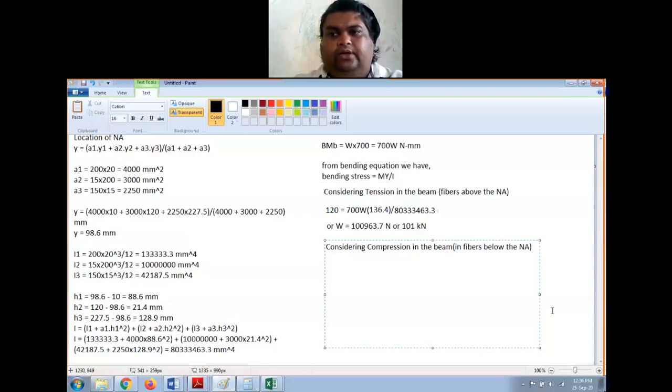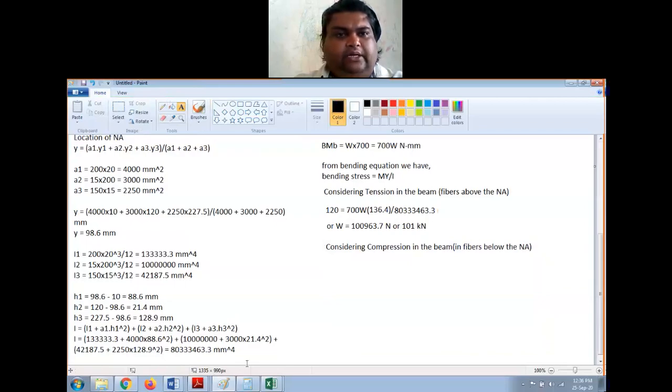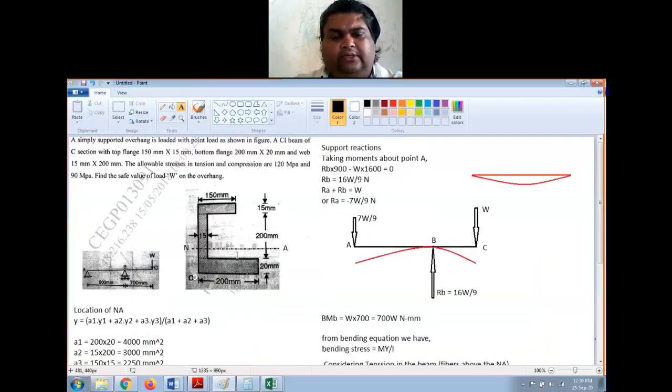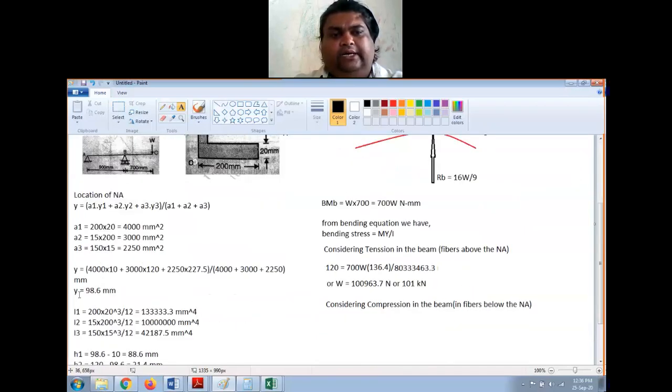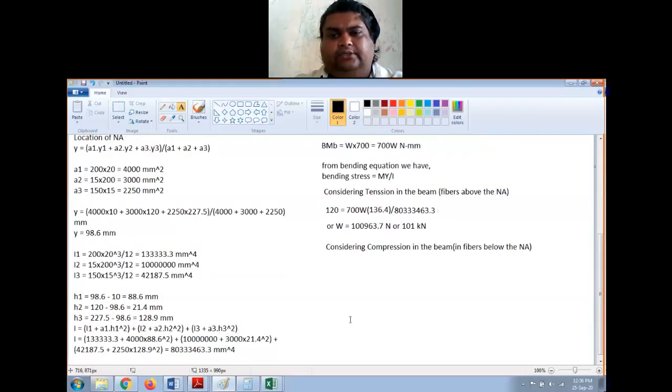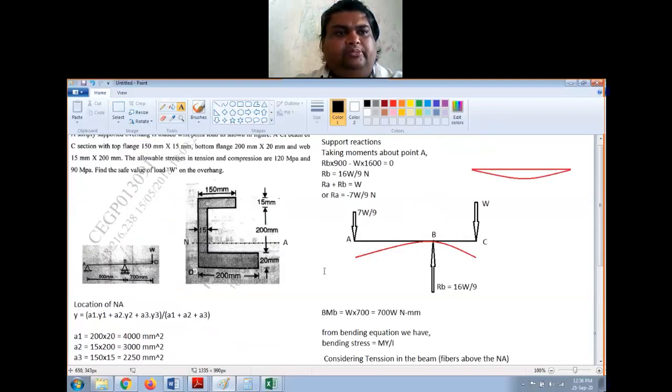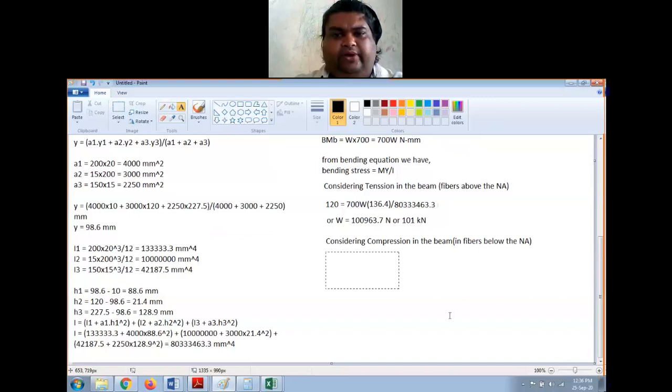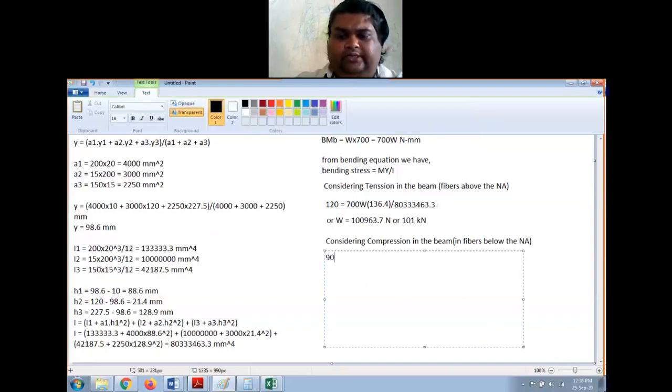Now I have to use the distance of the neutral axis from the bottommost fiber, which I have already found, 98.6, and the permissible compressive stress is 90 megapascal. Using this, let me find W. So 90 is equal to 700 W into 98.6 by I.